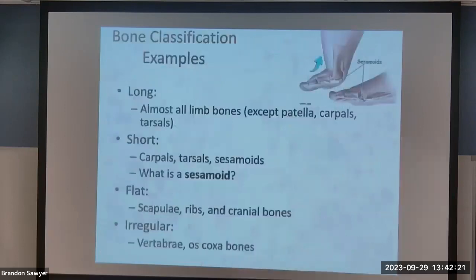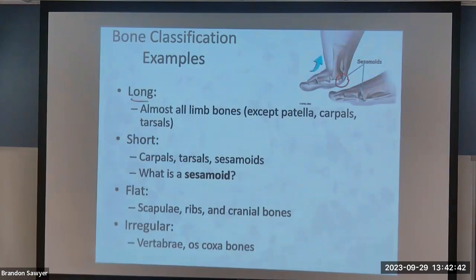Okay, so here's some more examples. Here are those sesamoids I was telling you about underneath the head of your 5th metatarsal, those little bones right by your big toe. Pretty much all of our limb bones, except for some of those little ones, are examples of long bones.